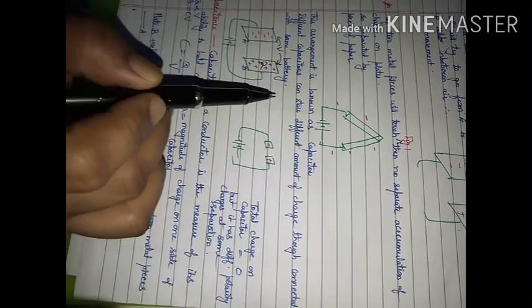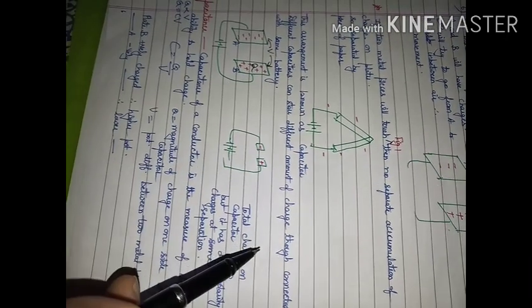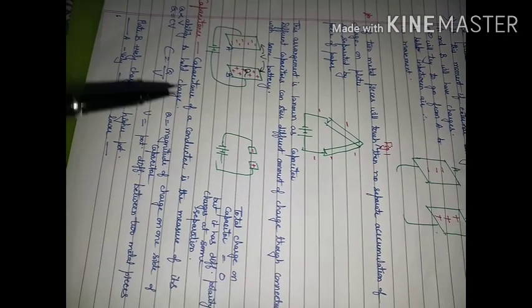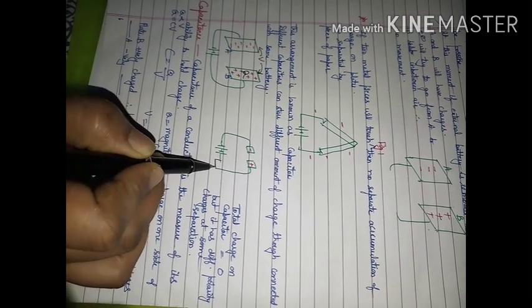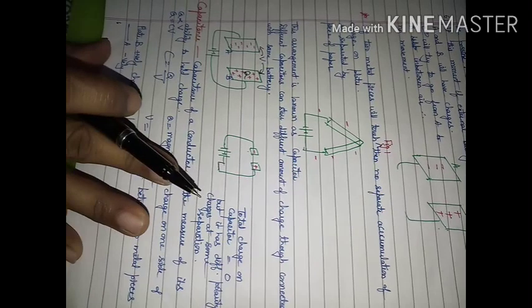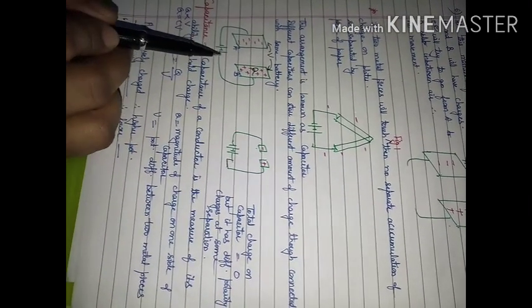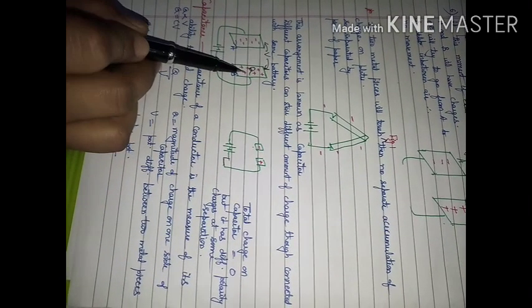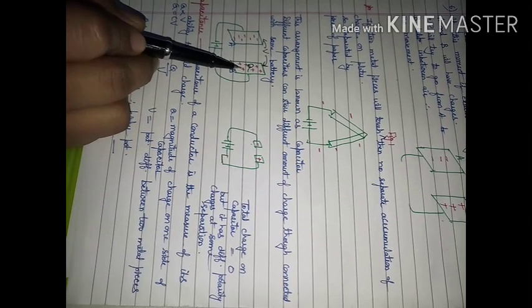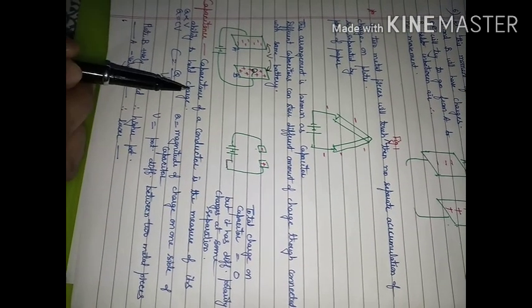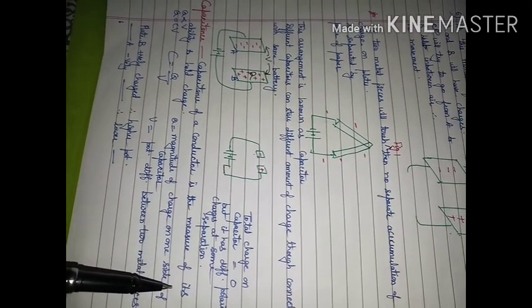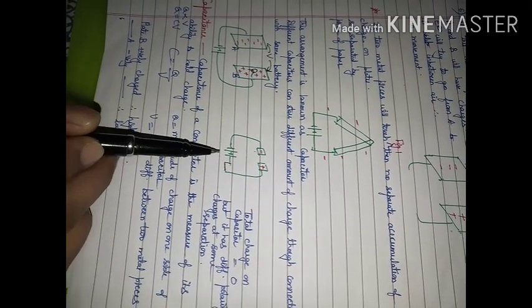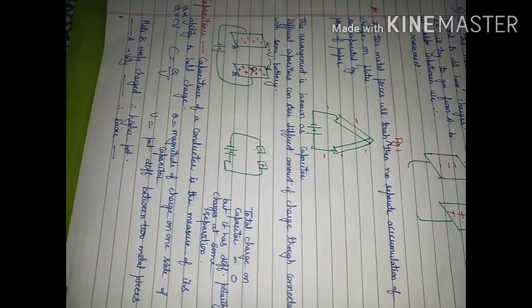Different capacitors can store different amounts of charge if they are connected with the same source or same battery. It will depend on various factors. But we are going to consider that the total charge present on a capacitor is going to be 0. Capacitance can be defined as a measure of the ability of a capacitor to hold charge.